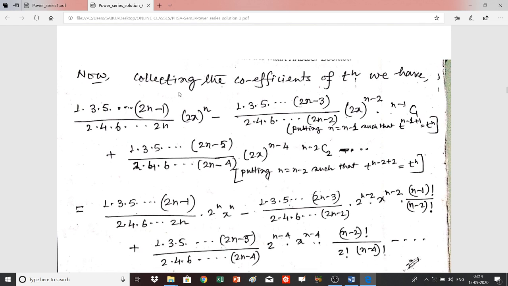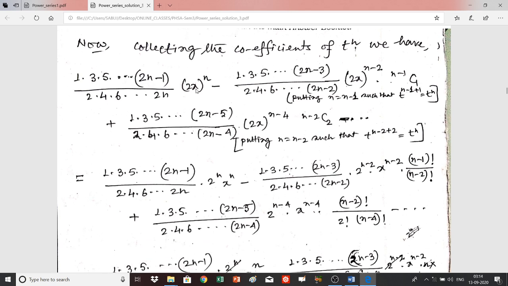So after collecting the coefficient of t to the power n, we get the series as this, and now it is equal to, this is the common term 1 3 5. Here we just simplify this in this line, so it is 1 3 5 2n minus 1 over 2 4 6 etc. 2n into 2 to the power n x to the power n, and then minus 1 3 5 2n minus 3 over 2 4 6 2n minus 2 into 2 to the power n minus 2 and x to the power n minus 2.